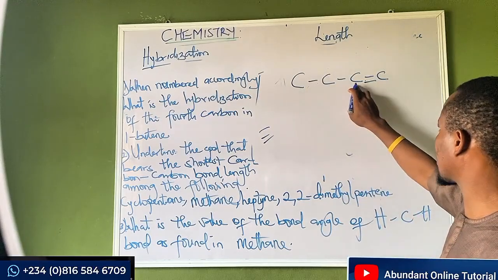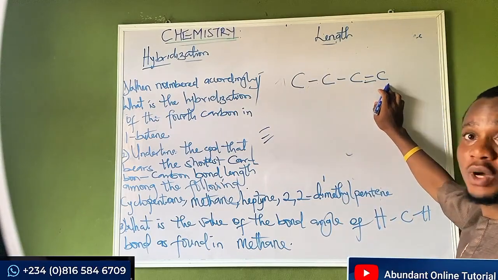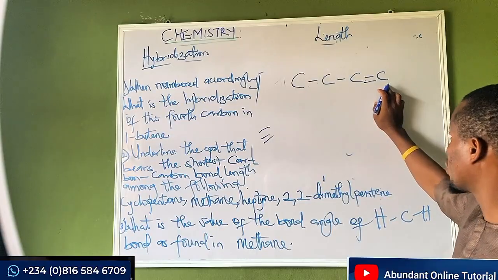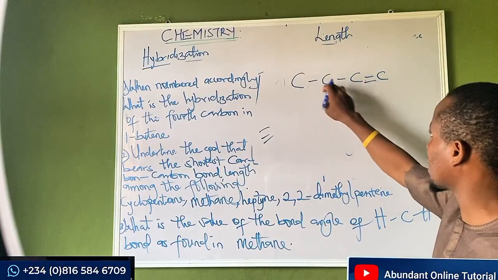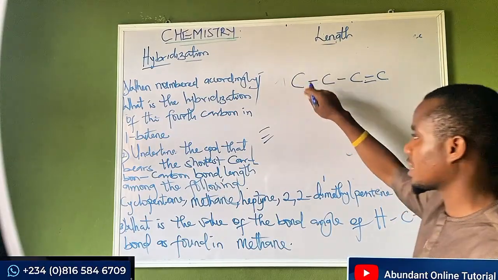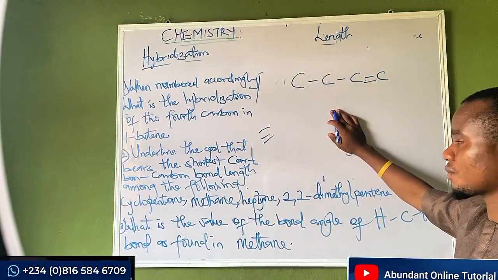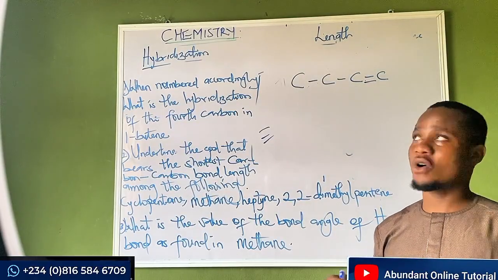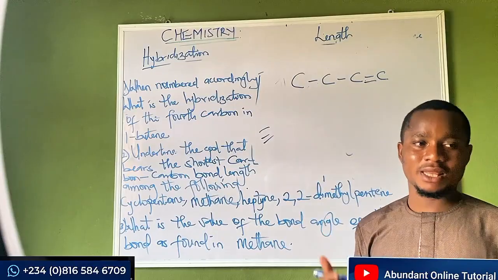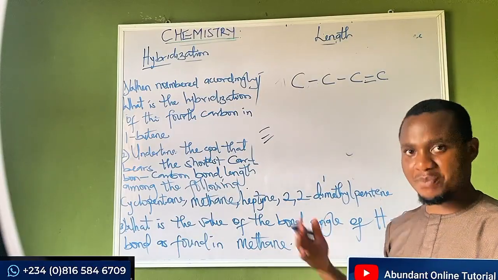So know that this to this is sp2. So this to this is sp2. Then they said number 1, 2, 3, 4. See this one? They said what is the hybridization? And I've told you that for compounds that have single bond, they are sp3 hybridized.